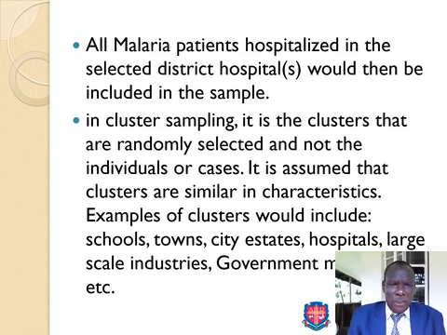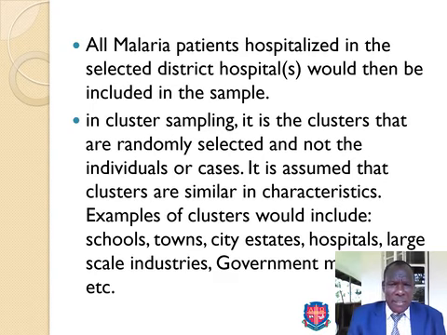If you picked Gulu Hospital, Kisoro Hospital, and maybe Tororo Hospital, then you can study all the patients hospitalized with malaria in those 3 district hospitals. At least that is manageable. You can assume that Gulu maybe has 100, Tororo 40 or 50, Kisoro maybe 30.